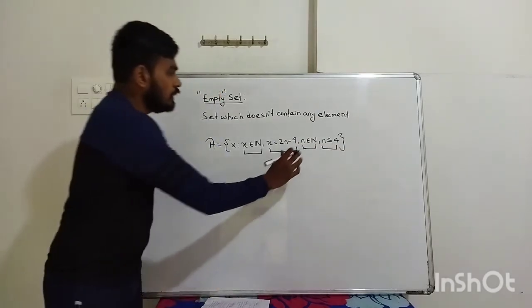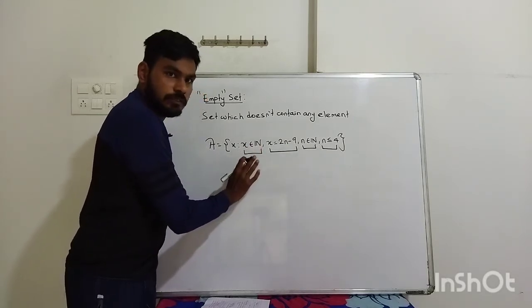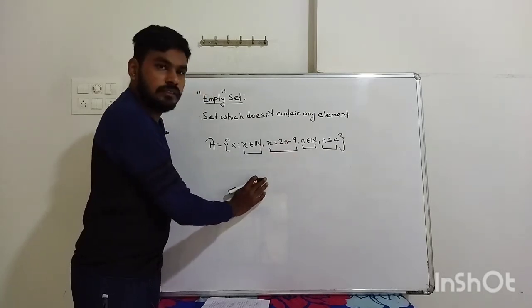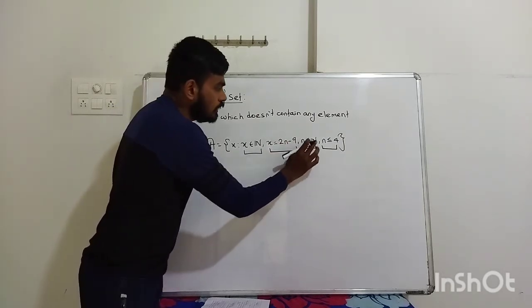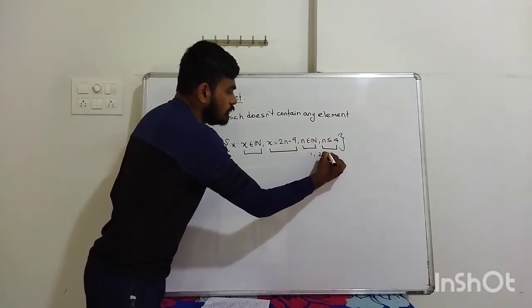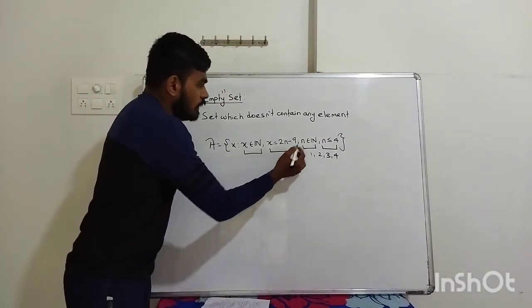First, x must be a natural number, which we should keep in mind. Second, x is equal to 2n minus 9, where n is a natural number less than or equal to 4, so obviously n is 1, 2, 3, 4, and x varies accordingly.